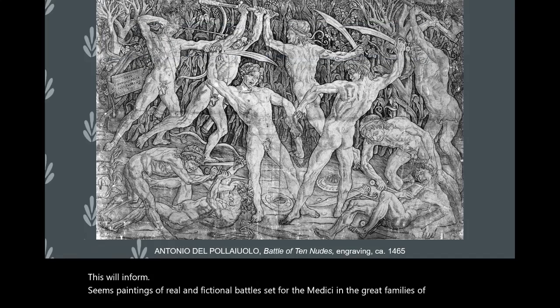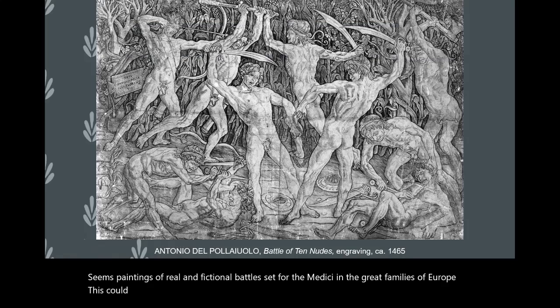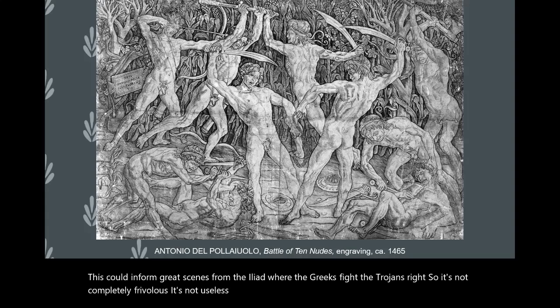This could inform great scenes from the Iliad where the Greeks fight the Trojans, right? So it's not completely frivolous. It's not useless, Pollaiuolo's study here. This is the foundation, quite literally, of all the art of the Renaissance.